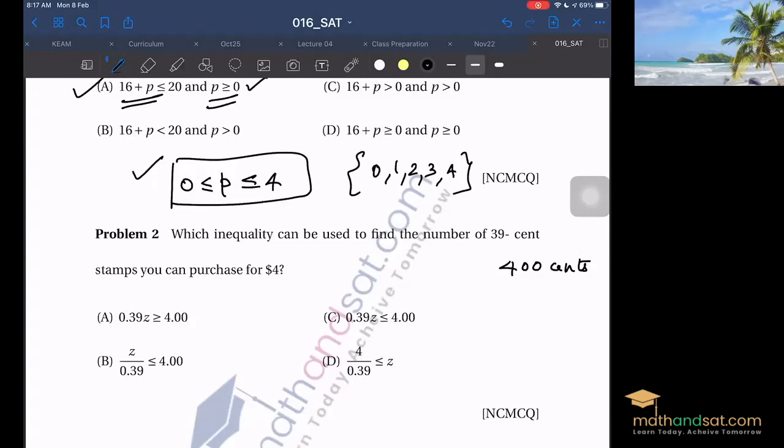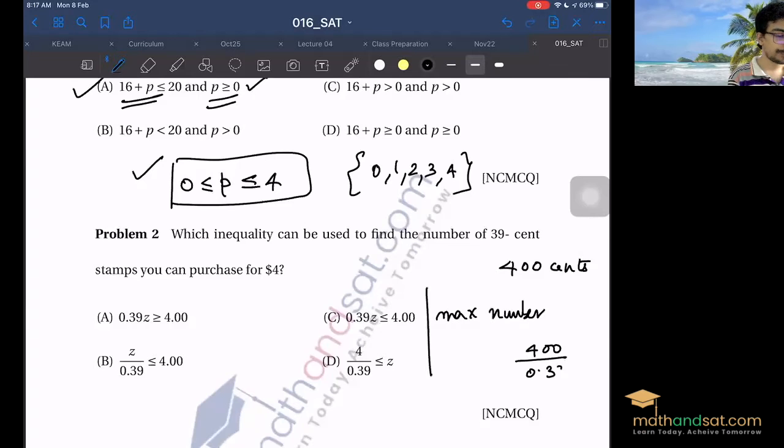The maximum number you can purchase is 400 divided by 0.39, right? So the maximum number will be 400 divided by 0.39.